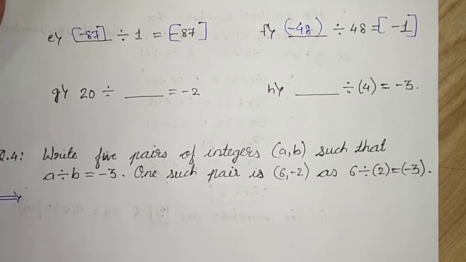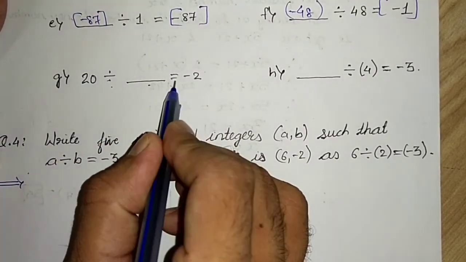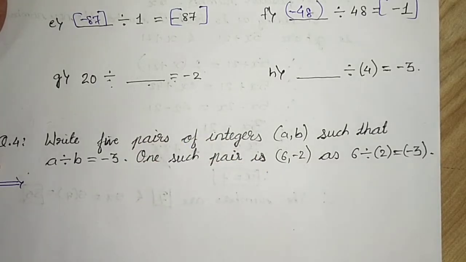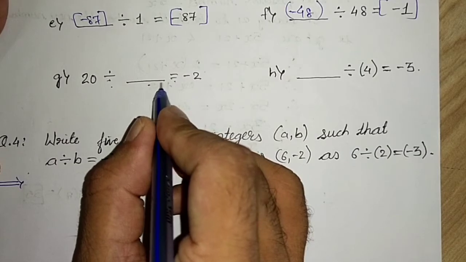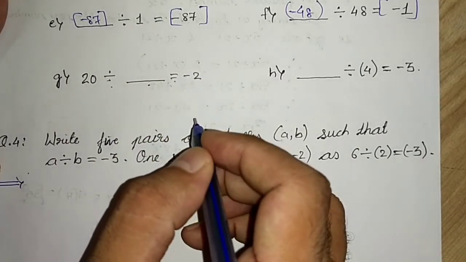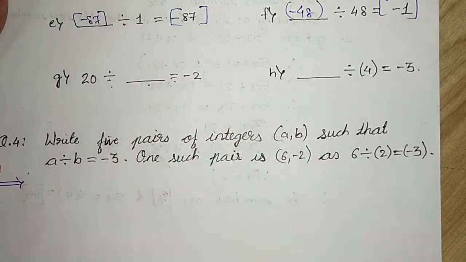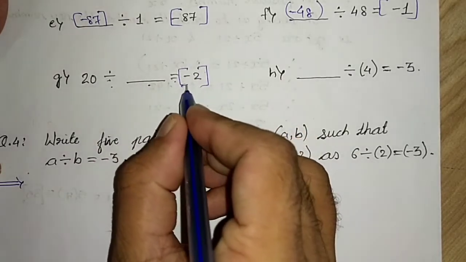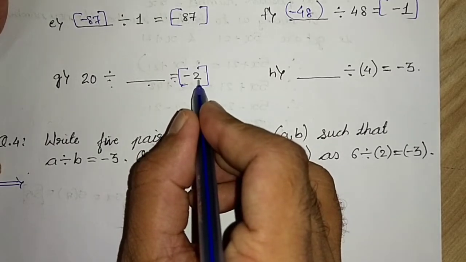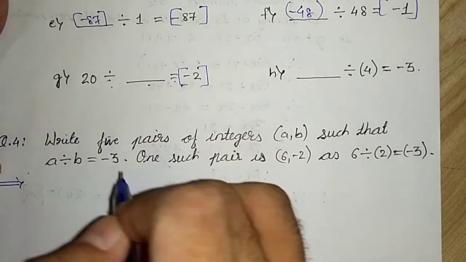Now part G, 20 divided by dash number so that we get minus 2. Here I want one such number so that my answer is minus 2. So I will take the number which is in the answer and try to multiply 2 with some number so that I get 20.